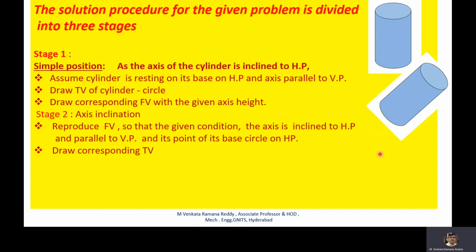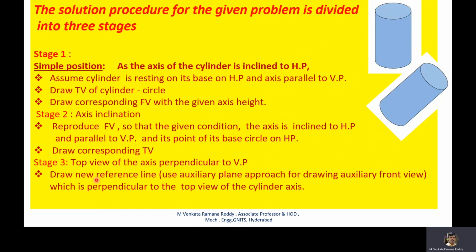After that, we'll move towards stage 3. In stage 3, the top view of the axis is perpendicular to the VP, so here we'll use the auxiliary plane approach, whereas for stage 1 and stage 2 we used the change of position approach.